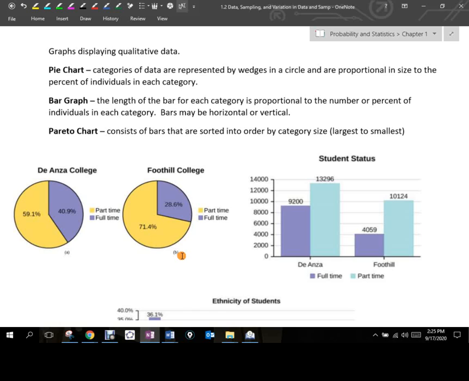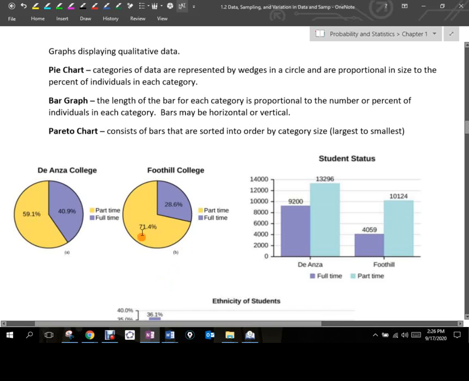It says categories of data are represented by wedges in a circle and are proportional in size to the percent of individuals in each category. So we would collect data about somebody or something, a population, and then when we display it in front of people, we are displaying it as the qualitative aspect of the data. Here the qualitative aspect is whether somebody is part-time or full-time.